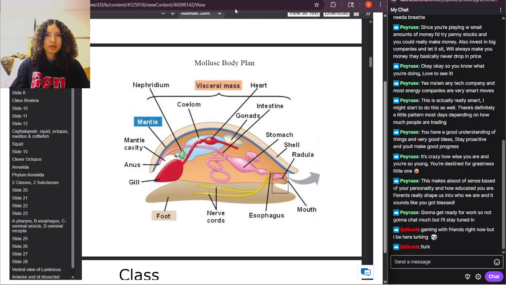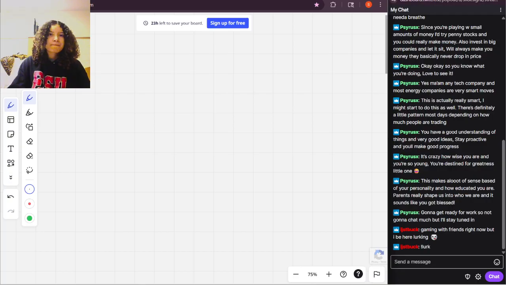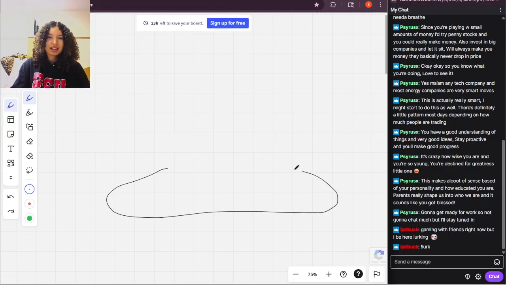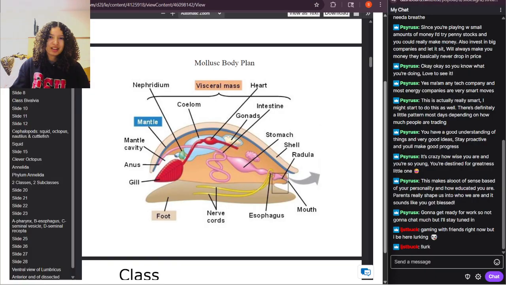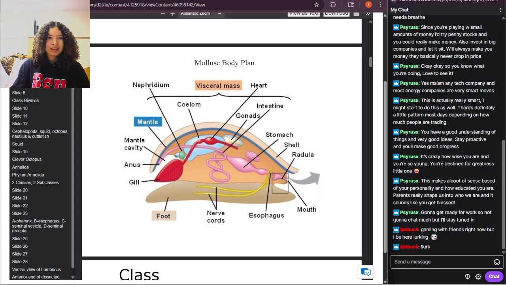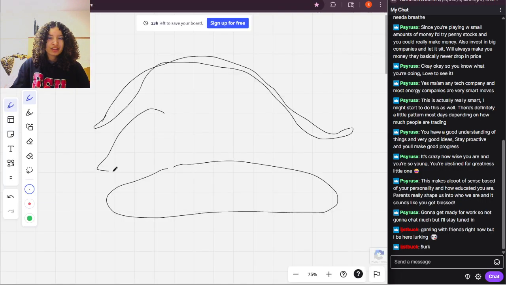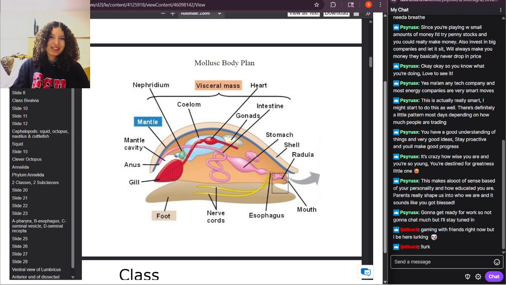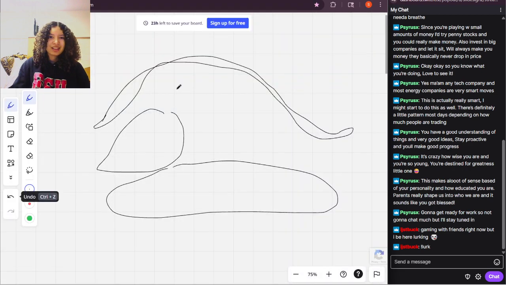Okay, it's time for us to draw a mollusk. My goodness. So this is its foot. It's like a side view of a snail. But it looks really, really bad. Okay, then there's this thing.